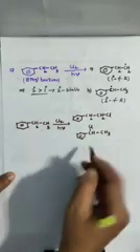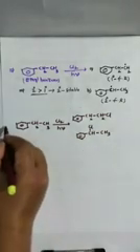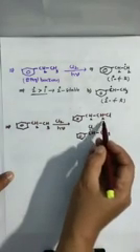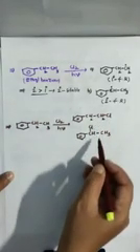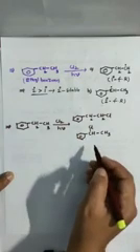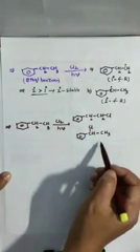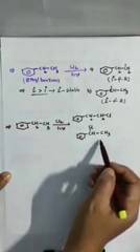So two products I am getting. Clear? Now this is with 1 degree. This is with 2 degree. What is the name of this product? And what is the name of this product?